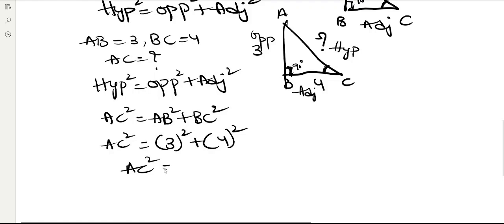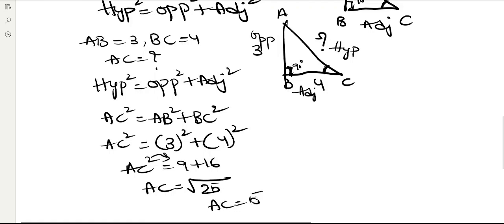So AC square equals 9 plus 16. AC equals the square root of 25, and AC equals 5. So the value of the hypotenuse here is 5. This is how you find the missing side value using the Pythagoras theorem.